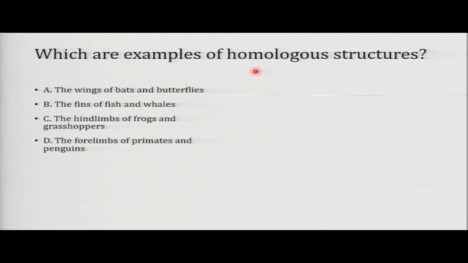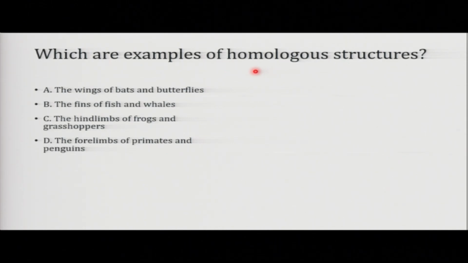Structures with the same ancestral origin, or different origins, but sharing a common role. So it's now taking us back to divergent evolution or convergent evolution. When we say same structures, is the question about ancestral origin, or similarity in terms of what they do?